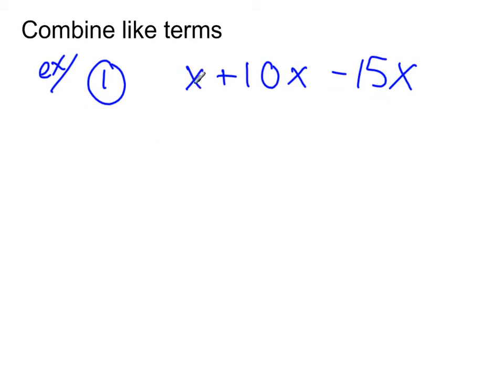Instead of x, I'll say, okay, I have $1 here. Well, how many of them do I have? Well, $1, right? There's really a 1 out in the front as the coefficient. Plus, well, instead of x here, I'm going to call it $1. I'm going to say I have $10, because that's what the coefficient is telling me. I have 10 of whatever these things may be. And then I go and spend $15.